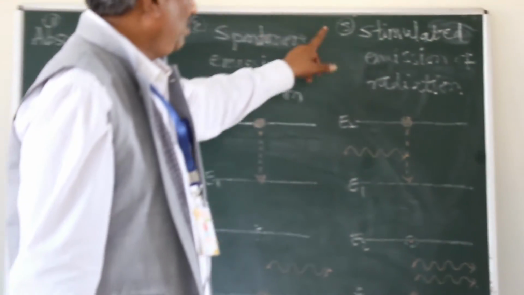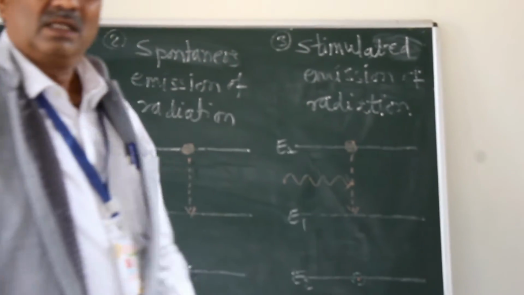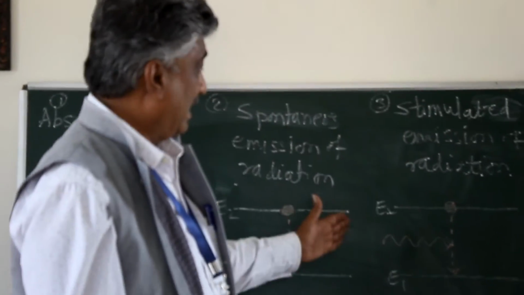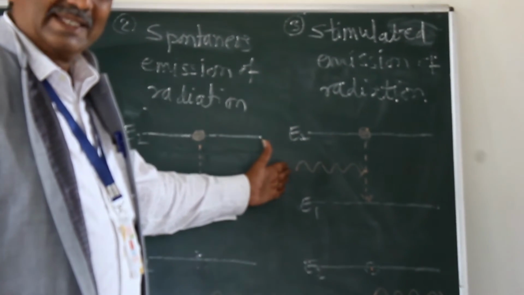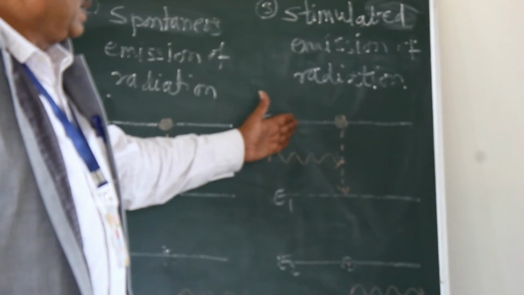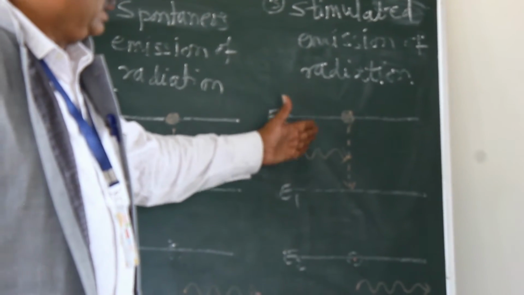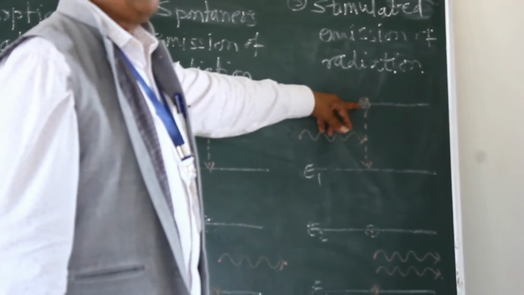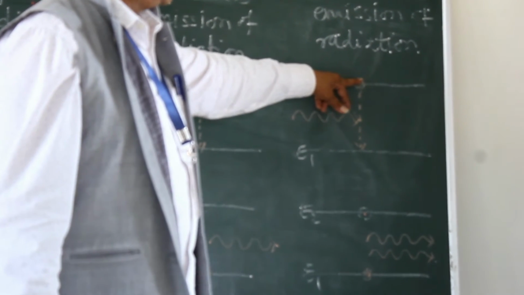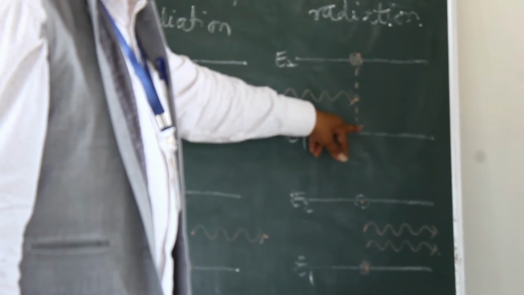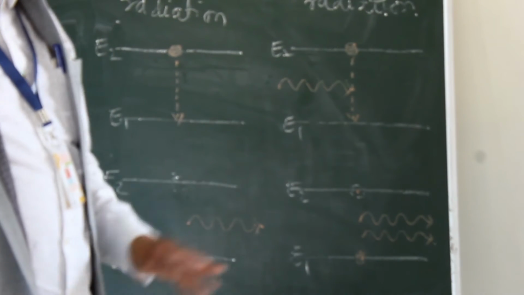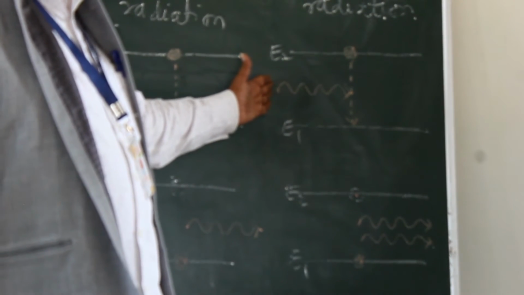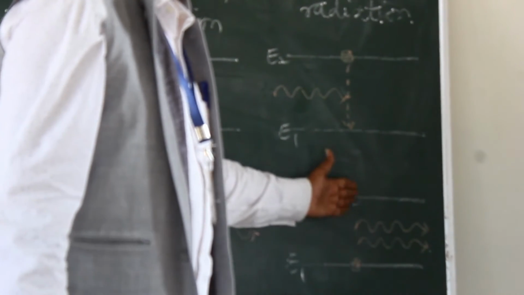The third one is stimulated emission of radiation, where the atoms or molecules are already in excited states. When a particular frequency is incident on that atom or molecule, that radiation can trigger the atom or molecule and bring it from excited state to lower energy state, giving at a time the triggered radiation along with the radiation corresponding to the difference between the two states.